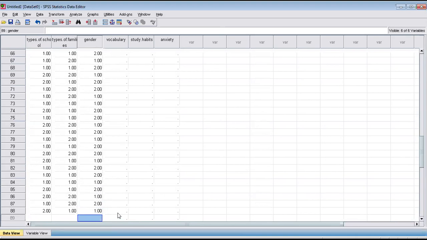Okay, I have entered the data. Now I must enter the data of the vocabulary. So I am now entering the data of the vocabulary.